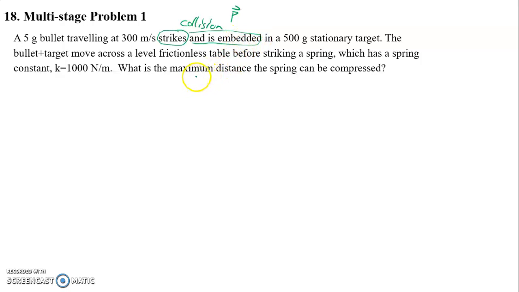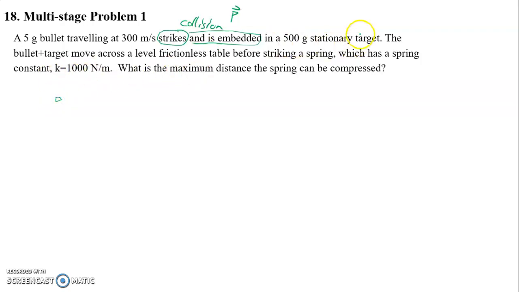And then we think, all right, the bullet's sliding across a frictionless table, striking a spring, and the spring is becoming compressed. We remember that conservation of energy principles work really well for a before and after involving a spring. We can use that for lots of problems without springs as well, but conservation of energy should work well for that. And so we go ahead and draw a diagram here.